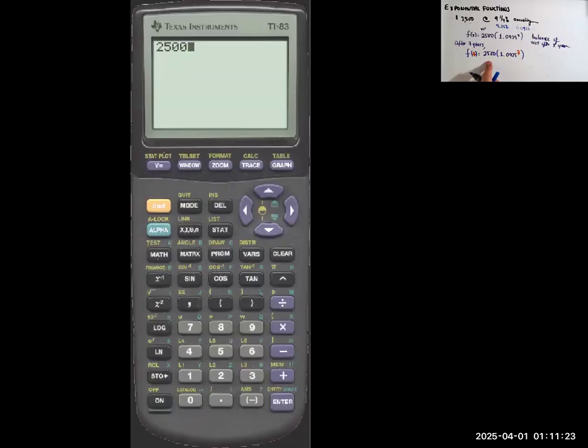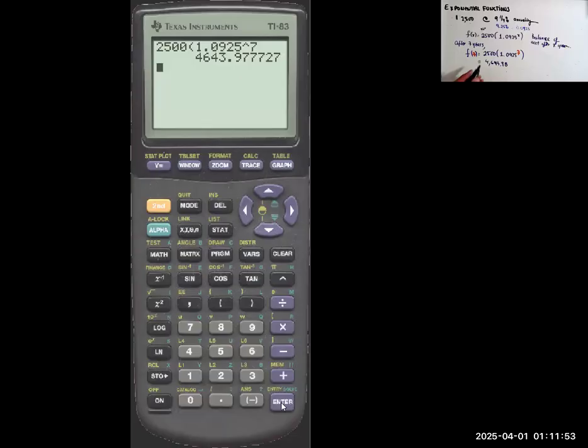2,500. That's my seed money. Parentheses 1.0925 raised to the how many years? 7 years. So after 7 years, our lovely account will have $4,643.98.